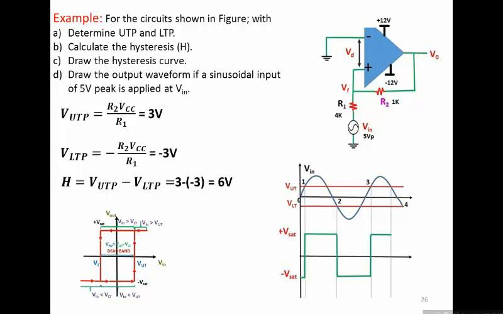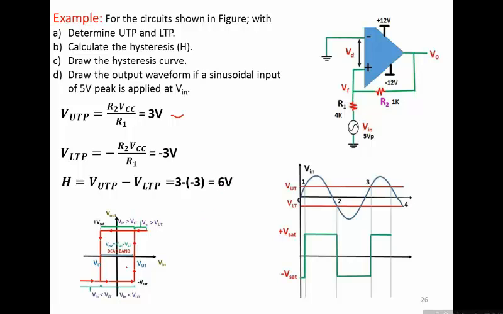So these are the formulas that you can use to find the trigger points. By plugging in the values of R2 and VCC 12 volts, R1 4K, so 1K into 12 divided by 4K, it becomes 3 volts. Similarly for LTP, the same formula with a negative sign, it becomes minus 3 volts. And the hysteresis band, defined as UTP minus LTP, 3 minus minus 3, is 6 volts.